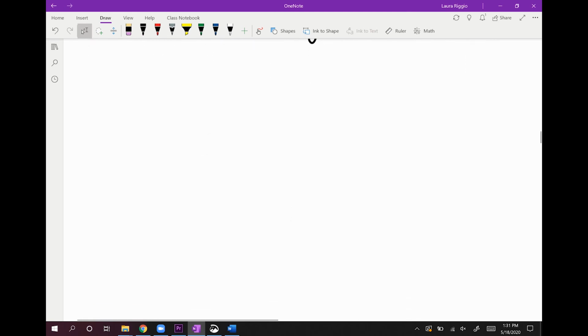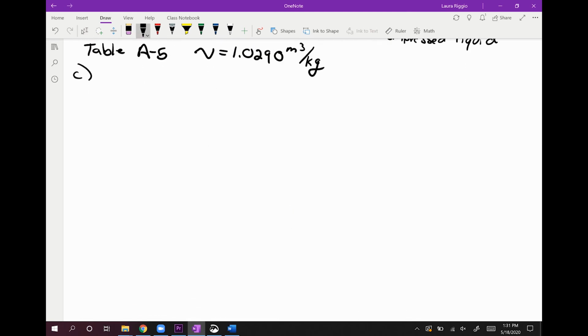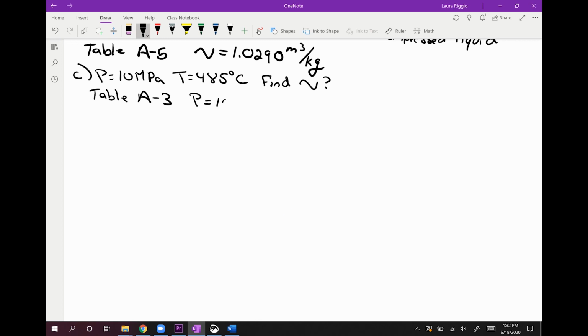The next state we're going to consider is we have a pressure of 10 megapascals and a temperature of 485 degrees Celsius, and we need to find our specific volume. So again, I'm going to go to table A3, and at a pressure of 10 megapascals, which is equal to 100 bar, my saturation temperature is 311.1.